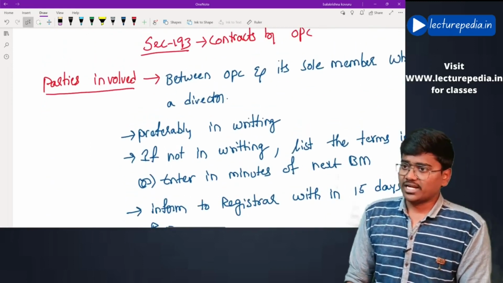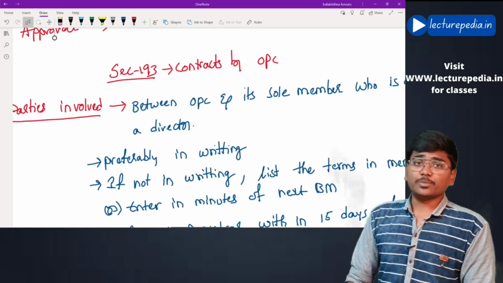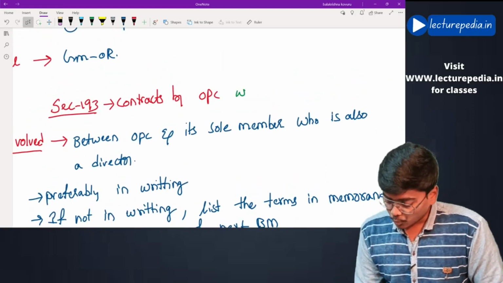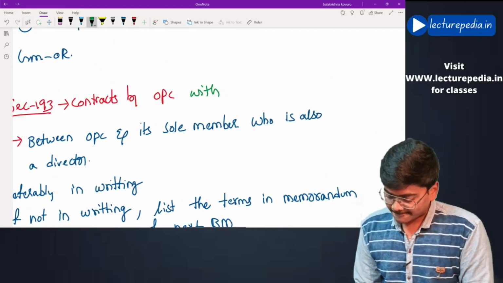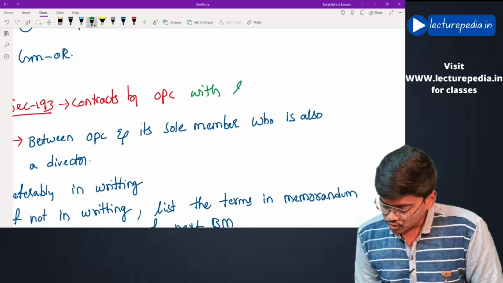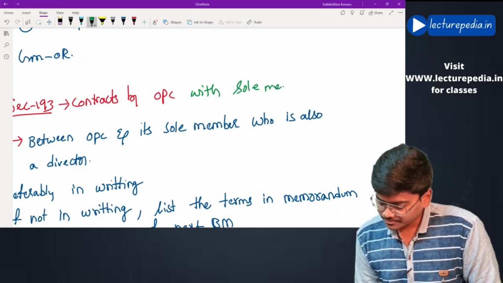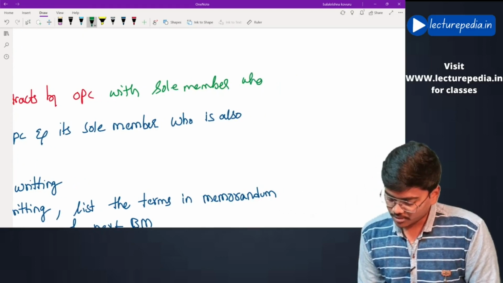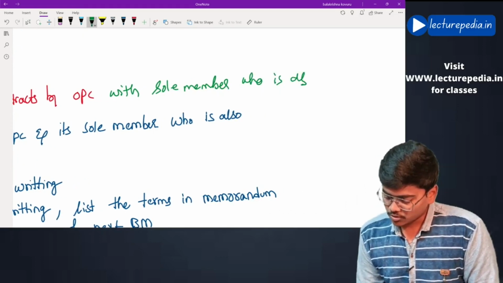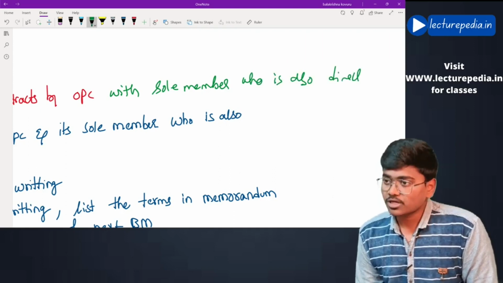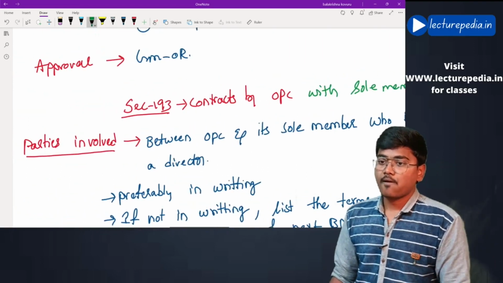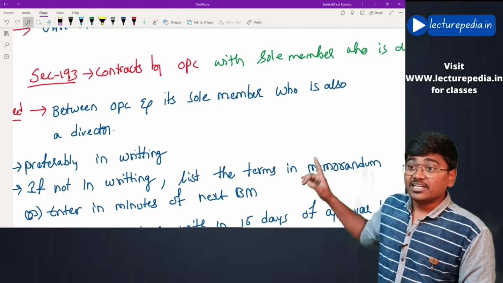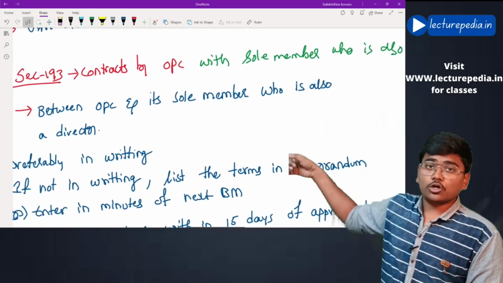Next, section number 193. Contracts by one-person company with whom? With the sole member who is also director. See, parties involved are the one-person company and its sole member who is also a director.